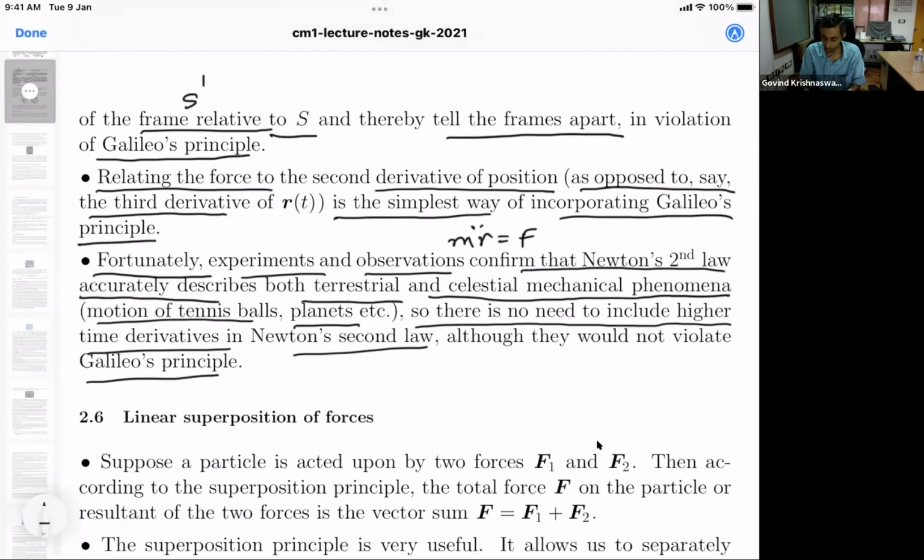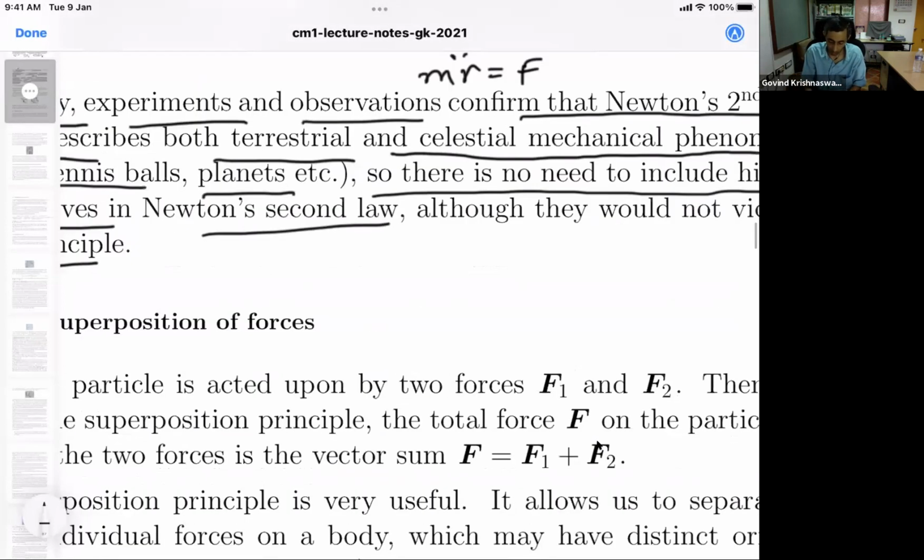So let me just mention here that there is another important thing, that the laws of physics. Okay, this is a bit too strong a statement.